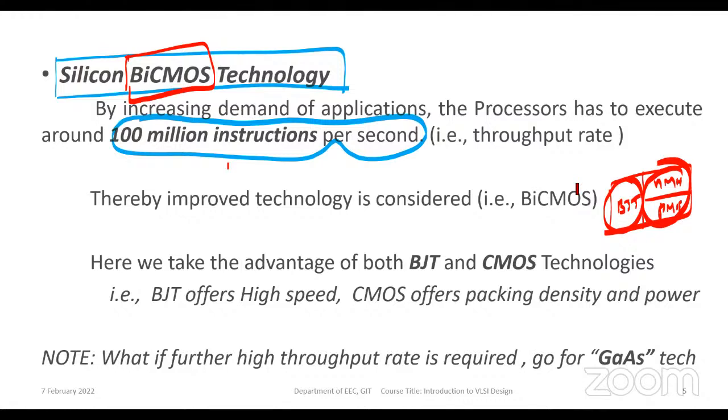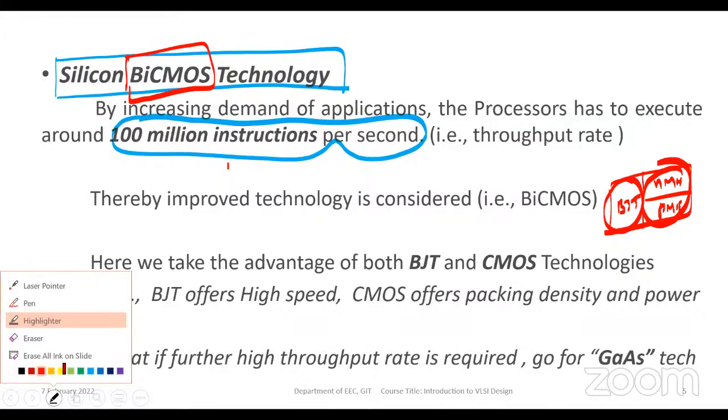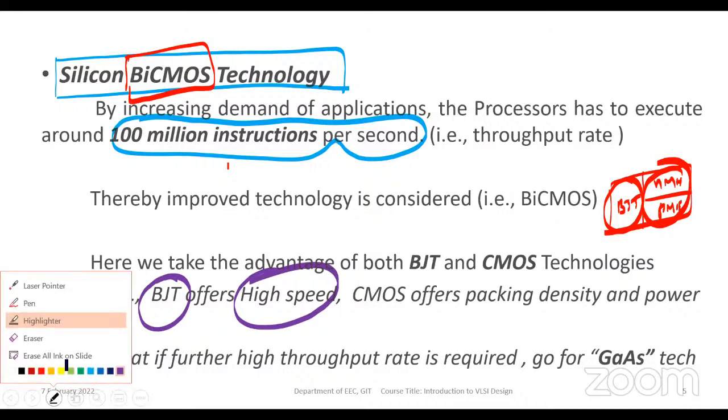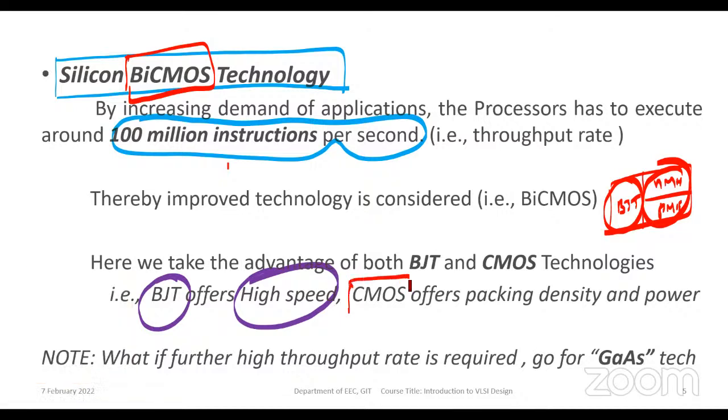So what is the individual advantage of the bipolar junction transistor? As mentioned here, BJTs are very high speed devices. So if you make any IC with bipolar junction transistors, it is a high performance, high speed device, we can call it. Okay, the speed of the circuit is very, very high. Whereas if you consider CMOS, what is the advantage of using CMOS?